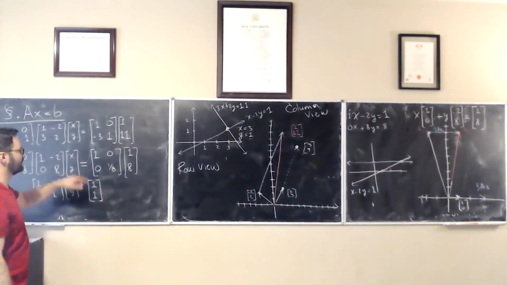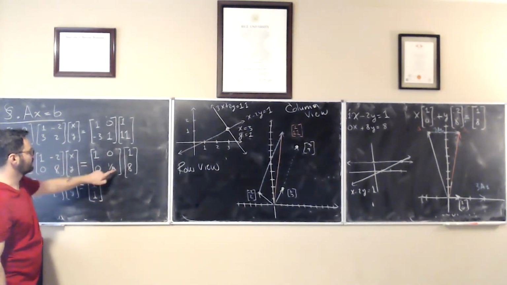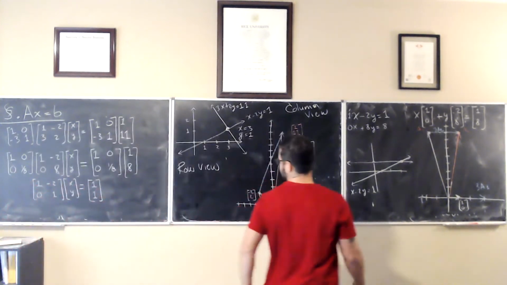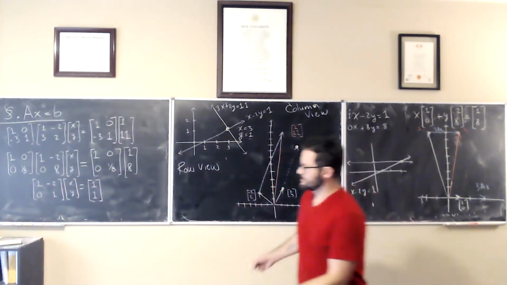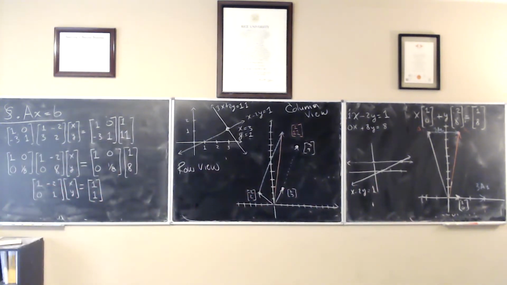Or if you did it row-wise, 1 of that row plus 0 of that row is that. 0 of that row plus 1/8 of that row is that. So now that's my new system.